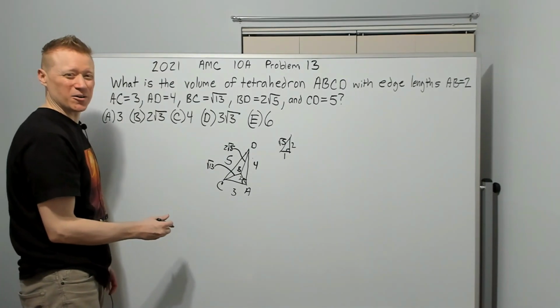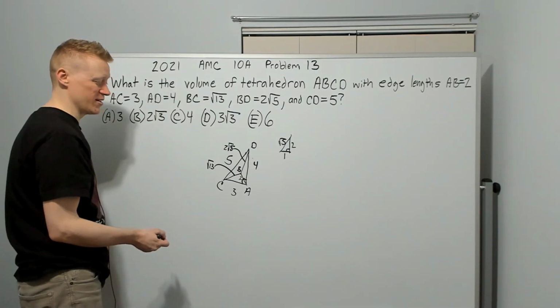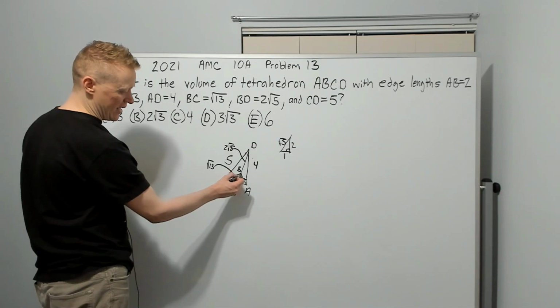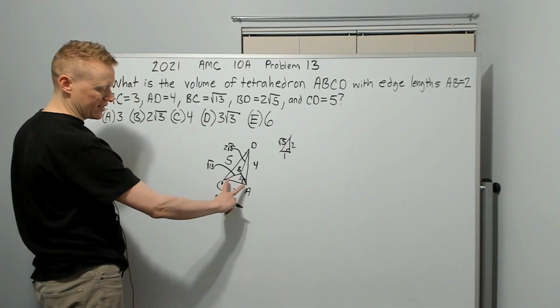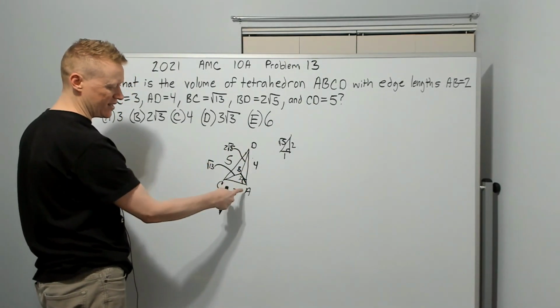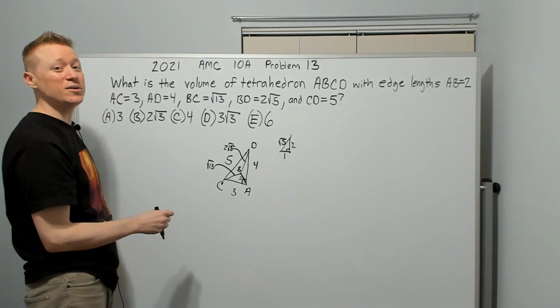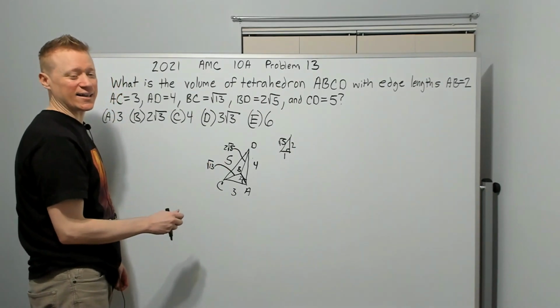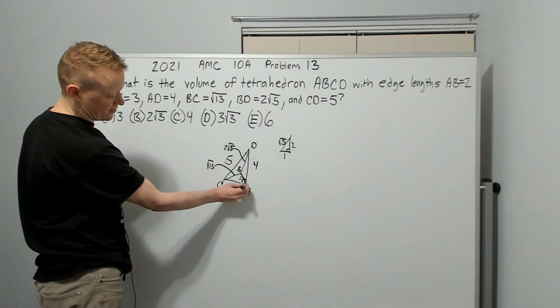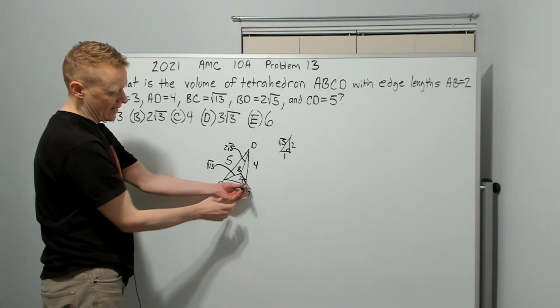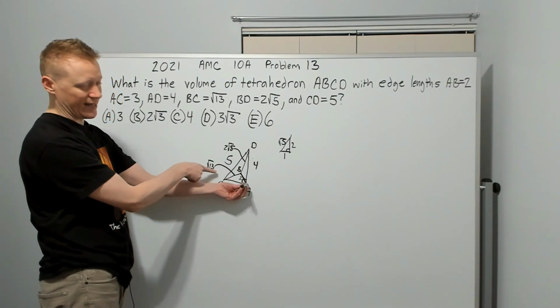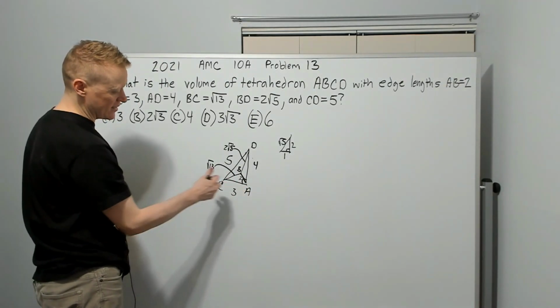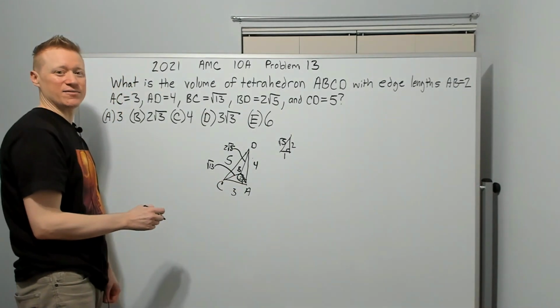If you do Pythagorean on that, 2 squared plus 3 squared is 13. That means that AB is also perpendicular to AC. And since these two are perpendicular to each other, meaning AD and AC, the only way that can happen is if AB is coming directly off the board at a 90-degree angle to the plane. And what that means is that this 2 is the height of the tetrahedron.